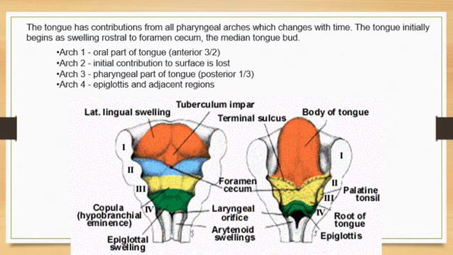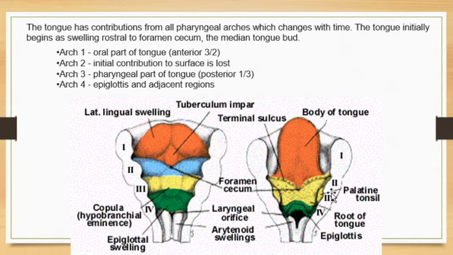Now, in terms of development of the tongue, it develops from pharyngeal arches 1, 2, 3, and 4. So it is derived from the pharyngeal arches during embryonic development. Like what we have here, arch 1 will develop further into the oral part of the tongue. Then arch 2, the initial distribution on the surface, is lost.